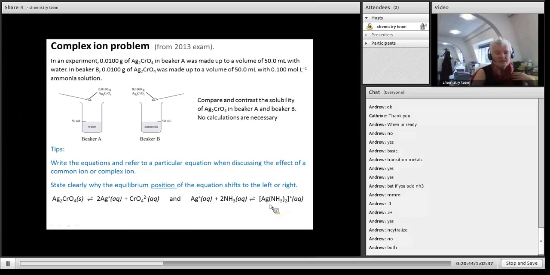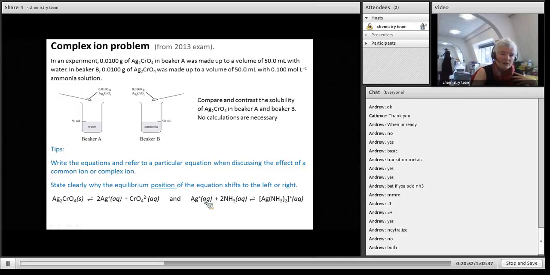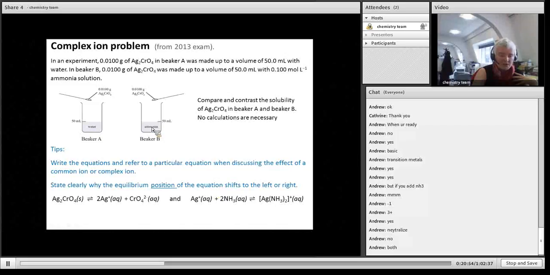And now in your discussion, you can call this equation 1, and you can call that equation 2. So you can say what's going to happen in equation 2, the ammonia over here is going to react with the silver ions and turn it into a complex. Which means if the silver ions are going into this complex, I'm removing silver ions from equation 1.